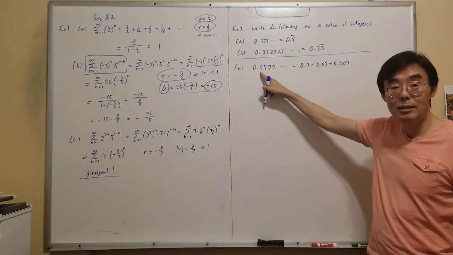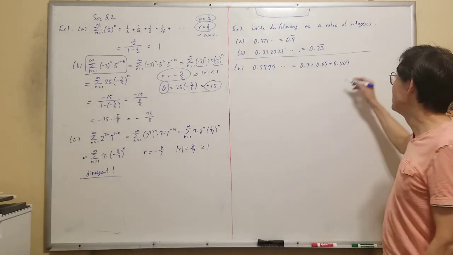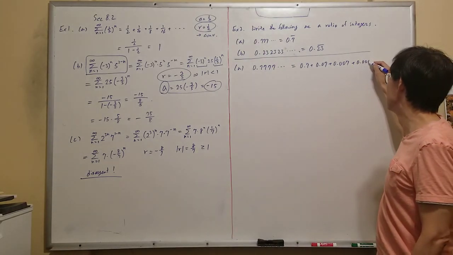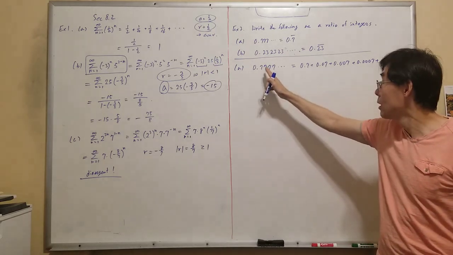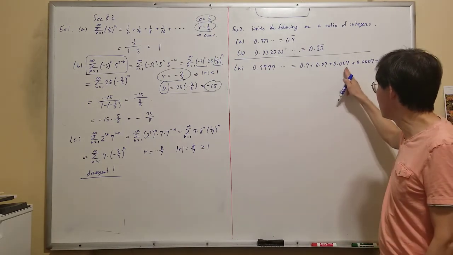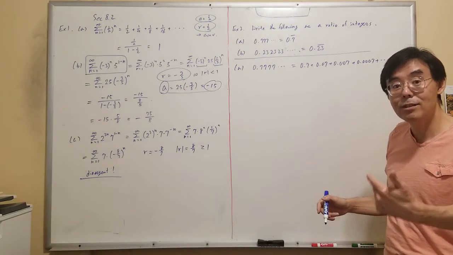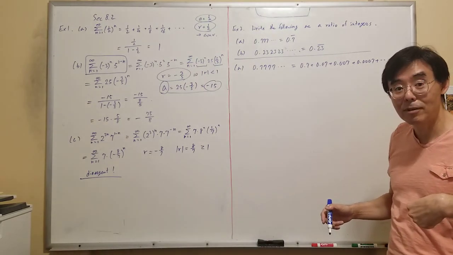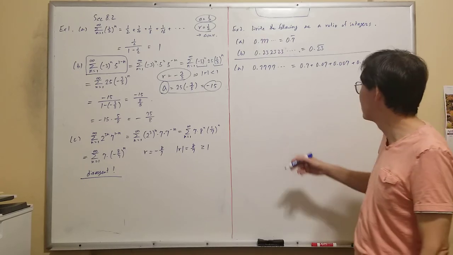Keep adding numbers each time you go down one digit. You keep adding a number 1/10 the size of the previous number. That's precisely a geometric series, right?